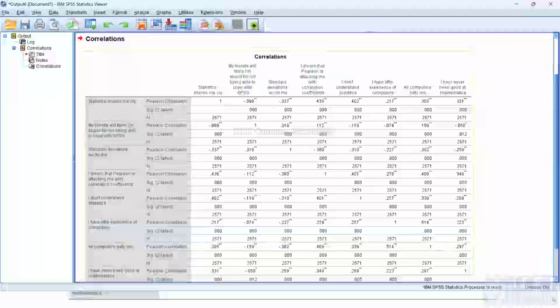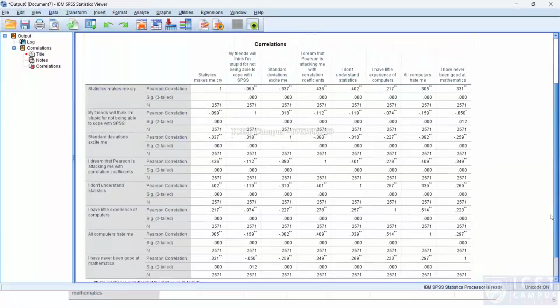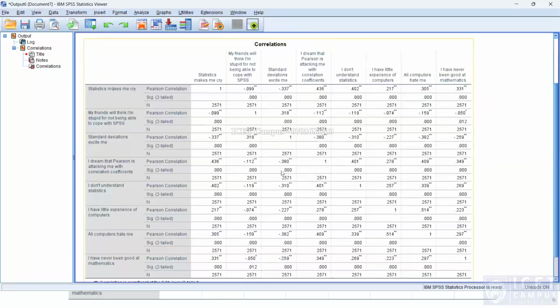In here, I think you can see there is a flag. The flag represents that the correlation is significant at the 0.01 level. That's why it's flagged, right? You can see these two negative correlations. This one, what is it?